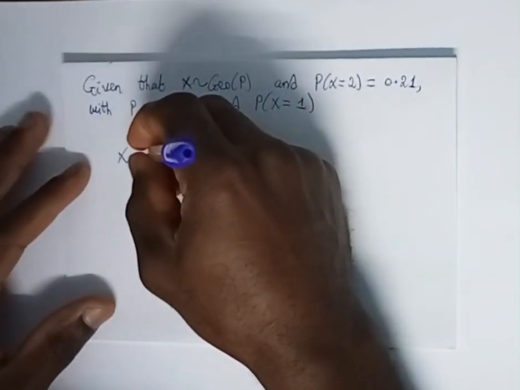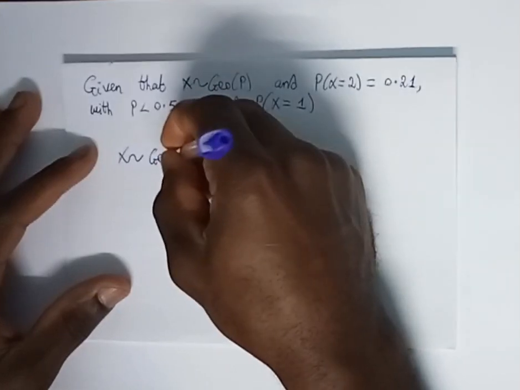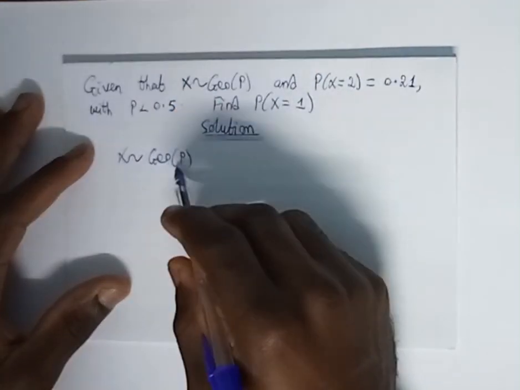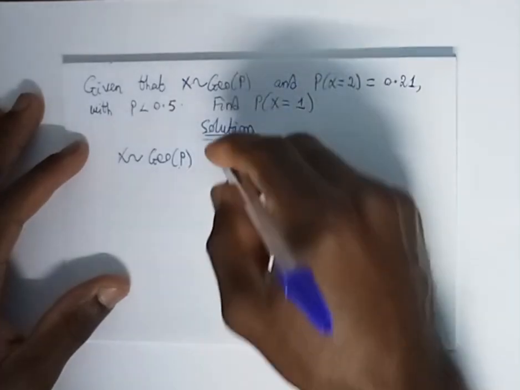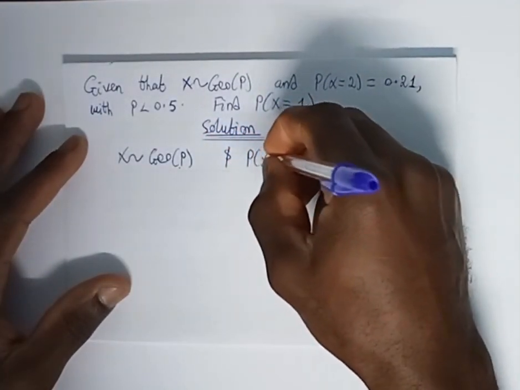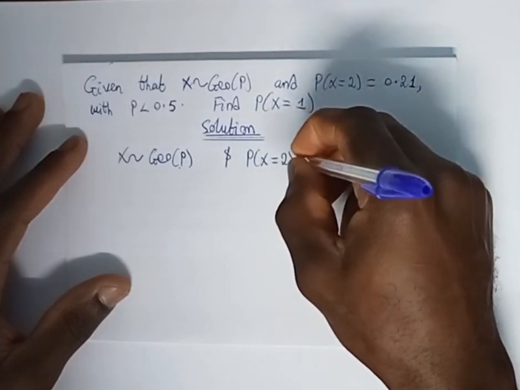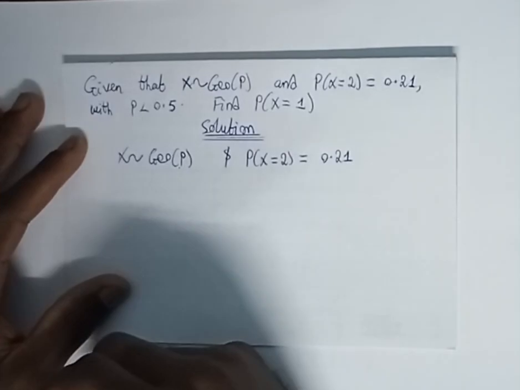X follows a geometric distribution with parameter P. This P stands for the probability of success. And we have been told that the probability of X equal to 2 is simply 0.21.